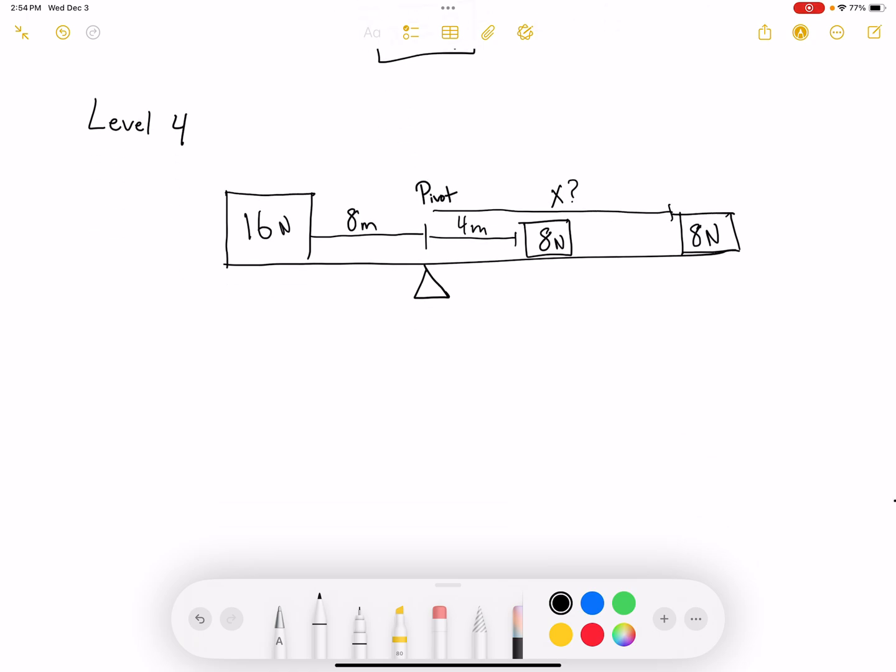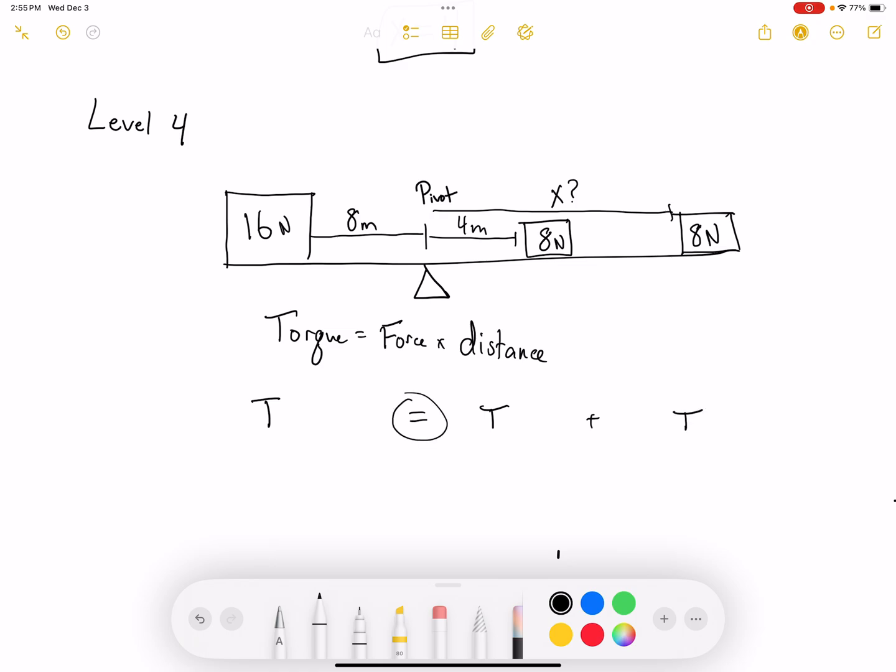And again, we're going to solve it in the exact same way. I know that torque, again, is equal to force times distance. And I know that in order for all things to be equal, the torques on one side of my pivot and the torques on my other side of my pivot have to be equal. So all the things have to be equal.